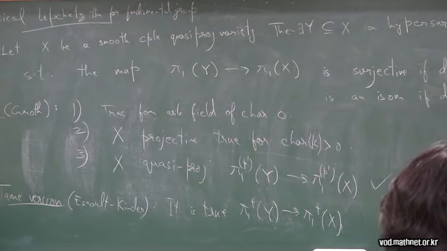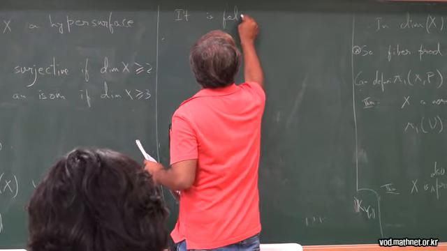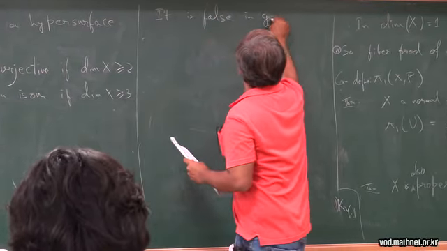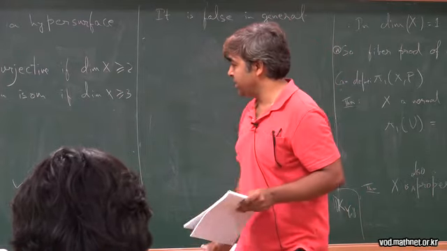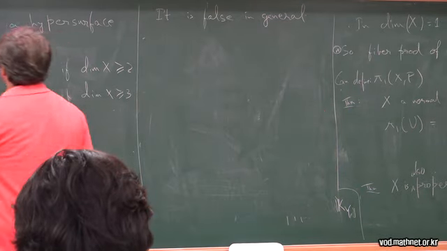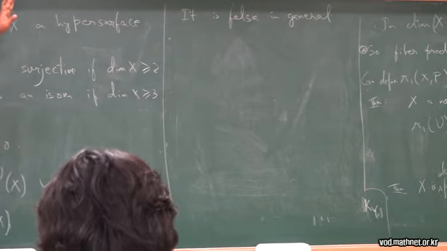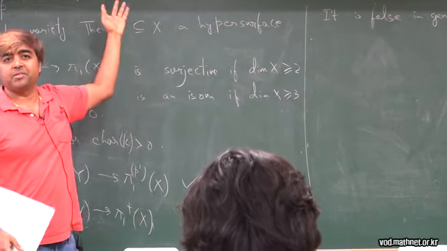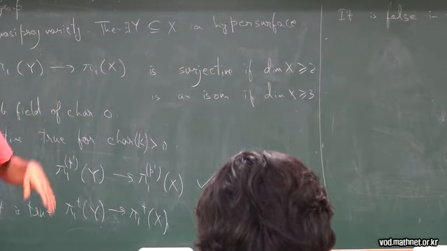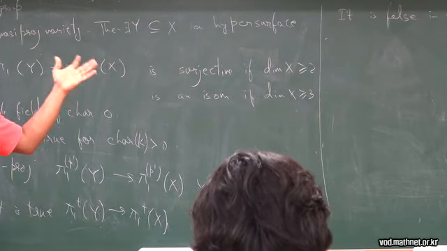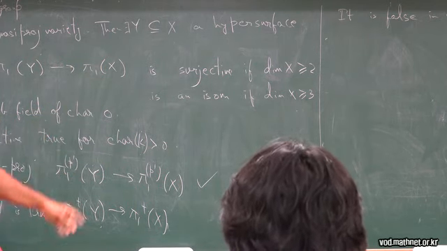So it is false in general, and the reason is that there are too many wildly ramified covers. Given any hypersurface, you can find some wildly ramified cover such that when you pull back, it will remain étale, but it will be some disconnected étale cover, which is a hindrance to this surjectivity.